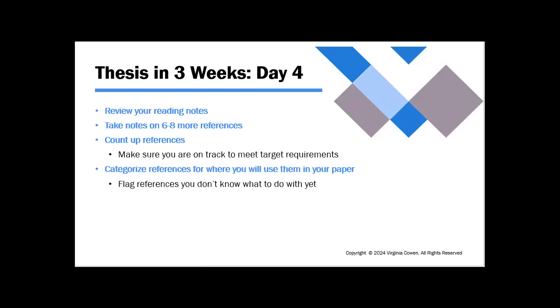One thing that's really essential is to count up the references on your list and make sure you're meeting the target number, whatever the requirements are, and also make sure that all of your references are in your citation manager and that's tidied up, because then as you start to insert the references as you're doing your writing, that's going to automatically build your bibliography and put the references exactly where you need them to go.